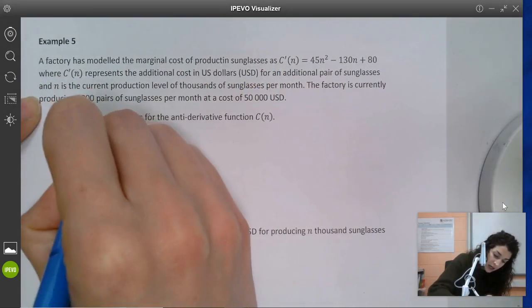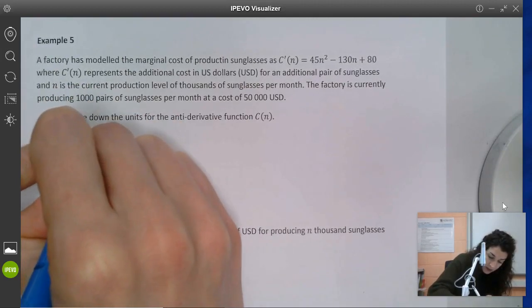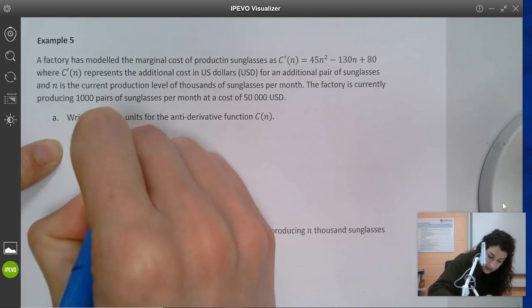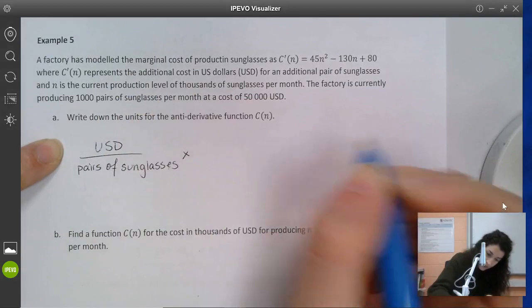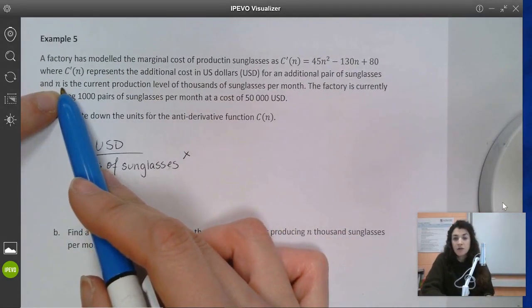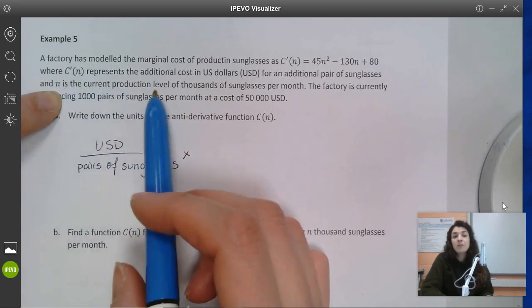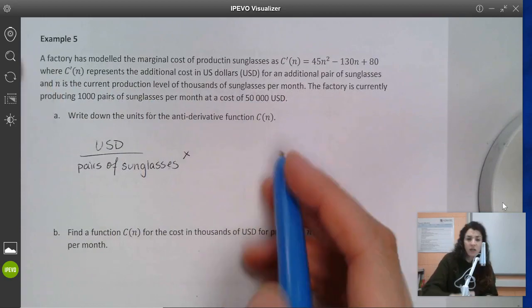So it's US dollars over pair of sunglasses. And we multiply it by our x value, our x unit of measurement. And it says that n is the current production level, thousands of sunglasses per month.